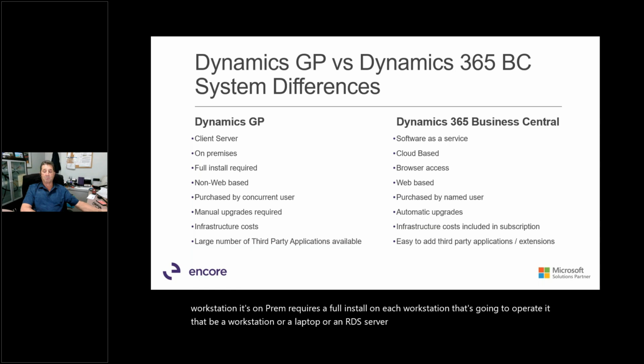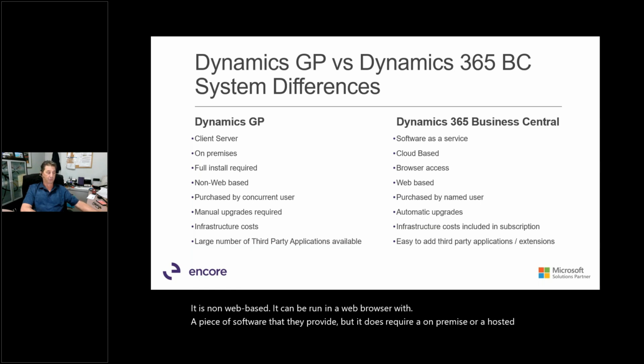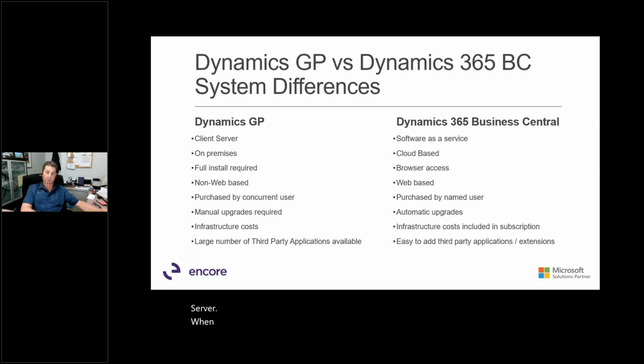It is non-web based. It can be run in a web browser with a piece of software that they provide, but it does require an on-premise or a hosted SQL server. You purchase it by concurrent user. That means the first X number of people get in and the others have to wait till somebody else logs out.